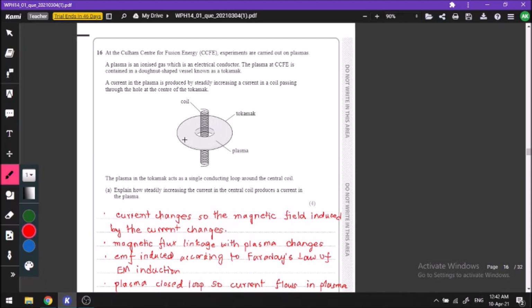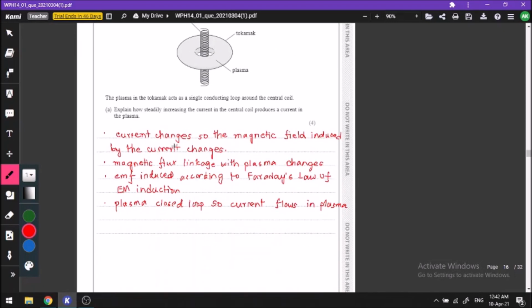So they're asking us how this is possible, how changing the current in the coil can cause a current to be induced over here. So let's see how that happens. We all know that the current in the coil will produce a magnetic field in the coil. So if you change the current, the magnetic field will also change.